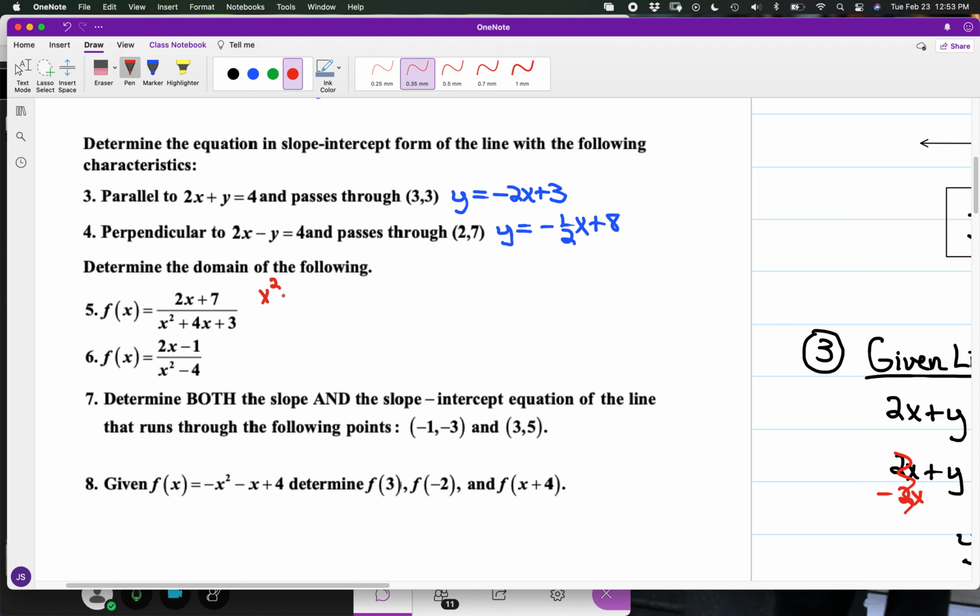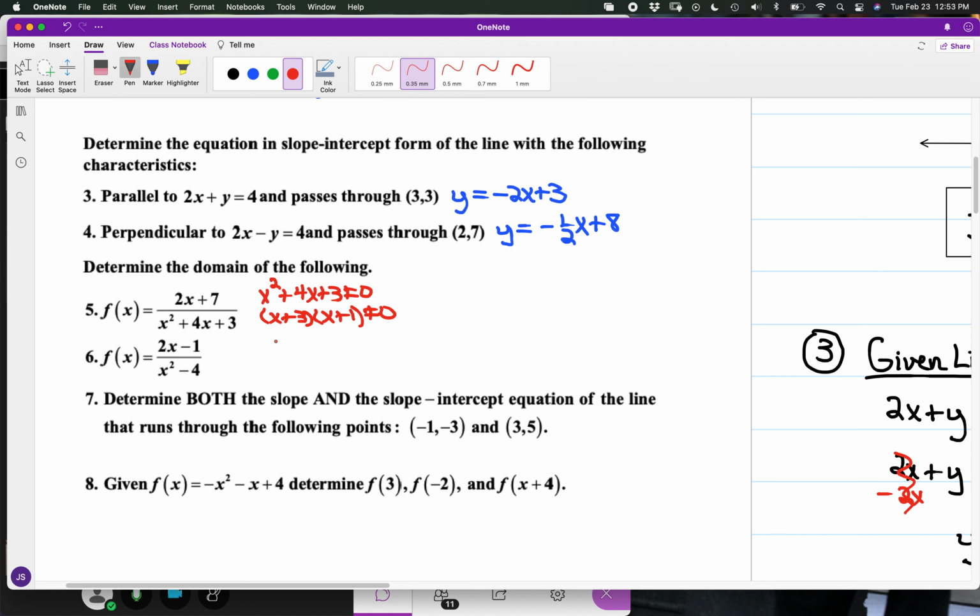So we have x squared plus 4x plus 3 cannot be 0. So you have that x plus 3 times x plus 1 cannot be 0.